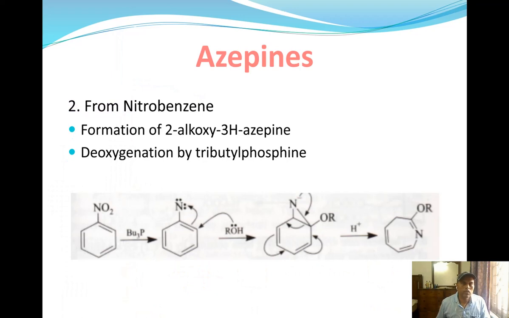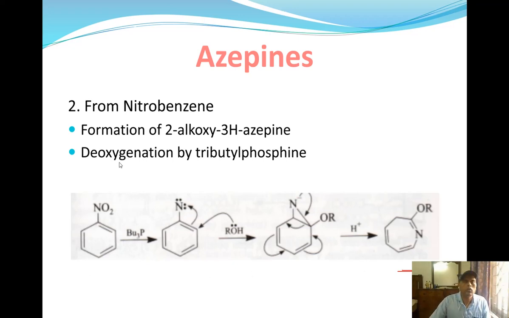The second method is from nitrobenzene, in which 2-alkoxy 3H azepine is formed. This is the substituted product of azepine. So this is the nitrobenzene.